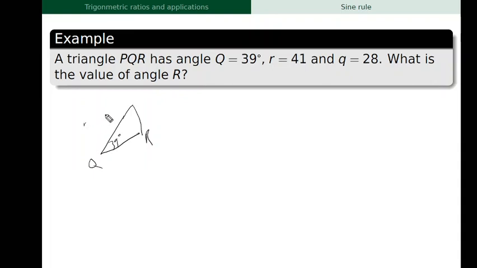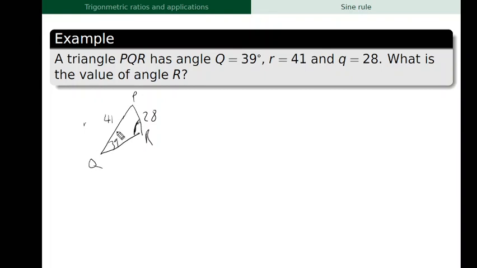Little r is the longer one, so this must be big R, this must be little r of 41, and this must be P. Oh, actually we're told little q is 28. Whoops. Oh well, that's fine. That looks reasonable. 41 is bigger than 28, so that looks about right.